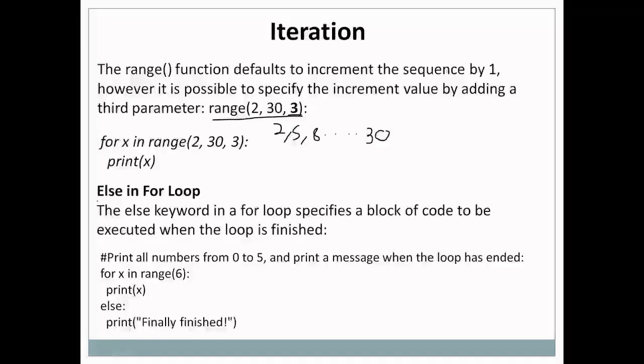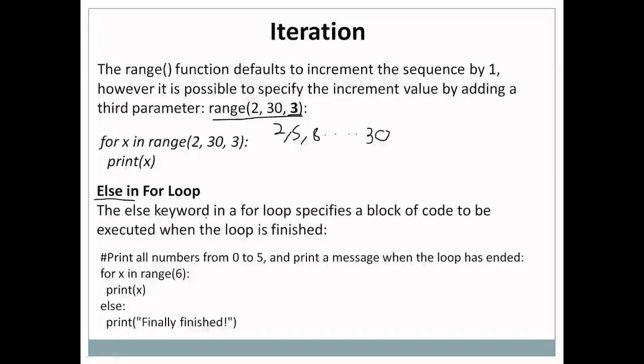One more important thing, even else is used in a for loop, which is new in Python. Else cannot be used in a looping statement in other languages like C, C++, and Java, but else can be used in a looping statement in Python. Now, how can else be used?